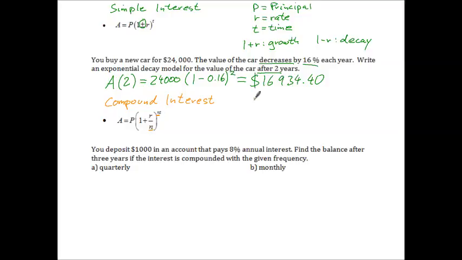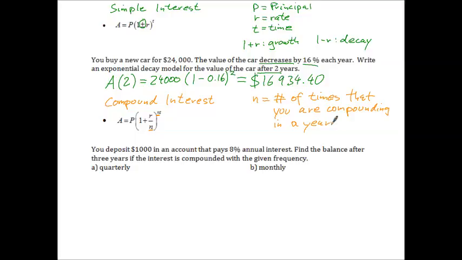It's n, and n is the number of times that you are compounding in a year. Remember, t is counted in years, so n is the periods inside of a year that you are compounding.